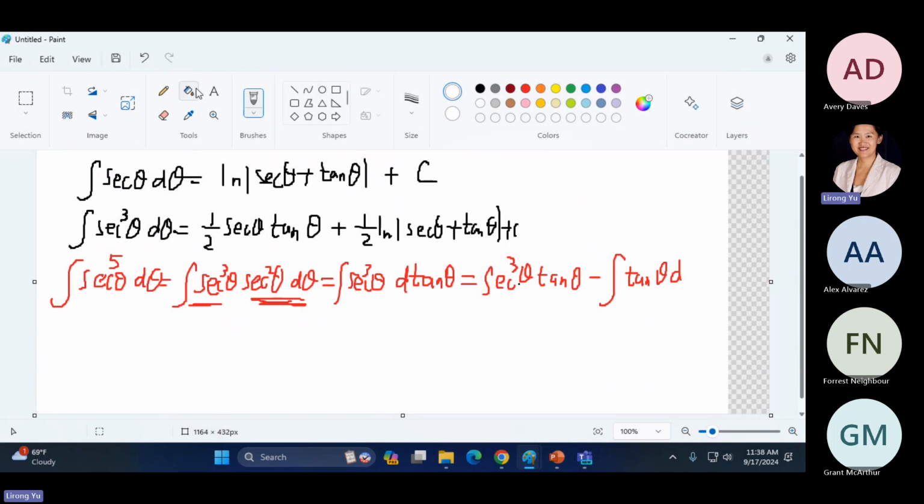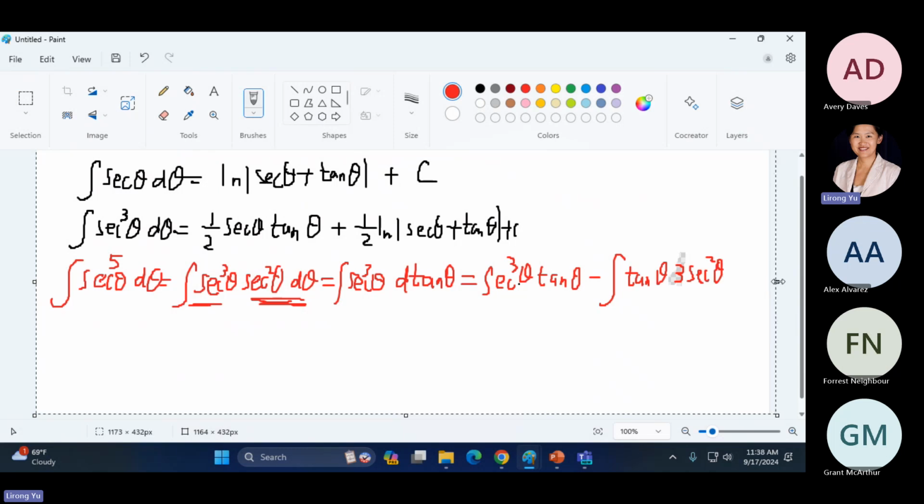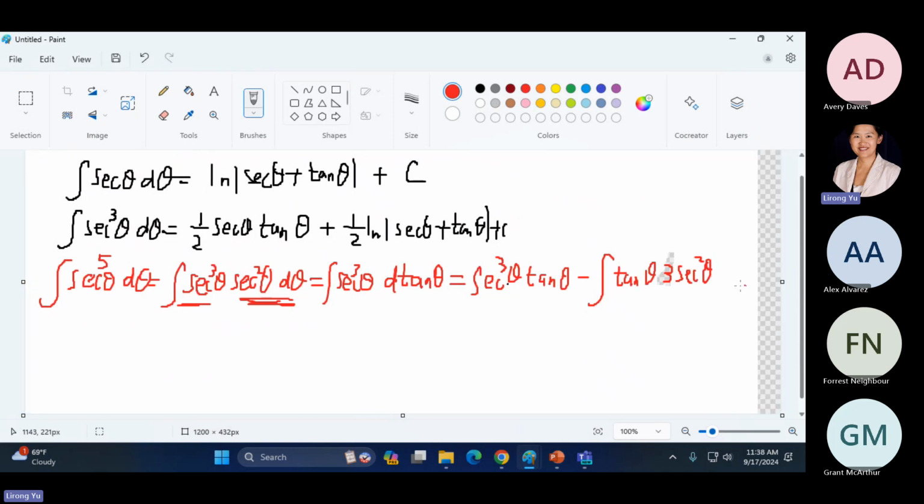The derivative of secant cubed, according to the power rule, is: move the 3 to the front. So it's going to be 3 secant squared theta multiplied by the derivative of secant, which is secant times tangent theta.